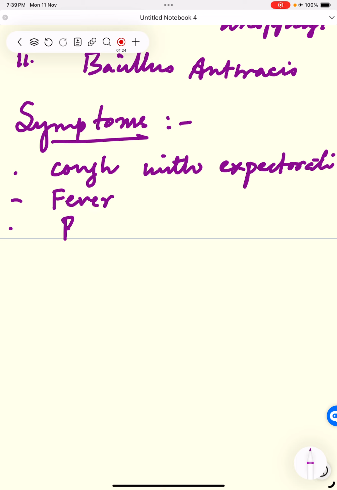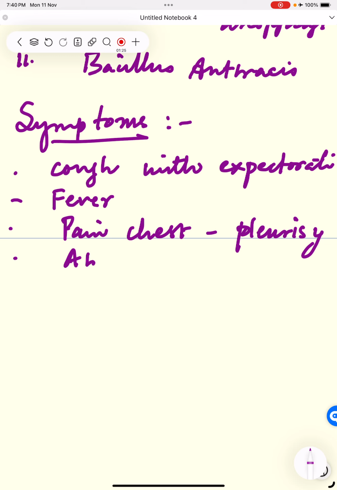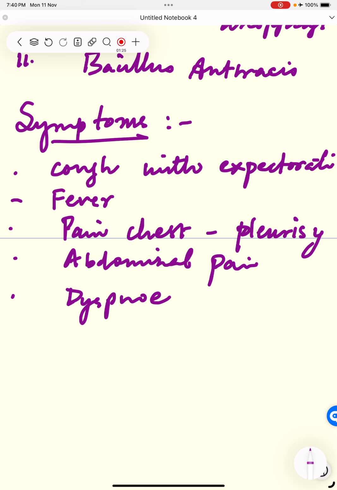They may come with pain in chest, which is actually pleuritic pain, or this is pleurisy. In case of basal pneumonia, patient can also complain of abdominal pain. Patient will have dyspnea, difficulty in breathing.